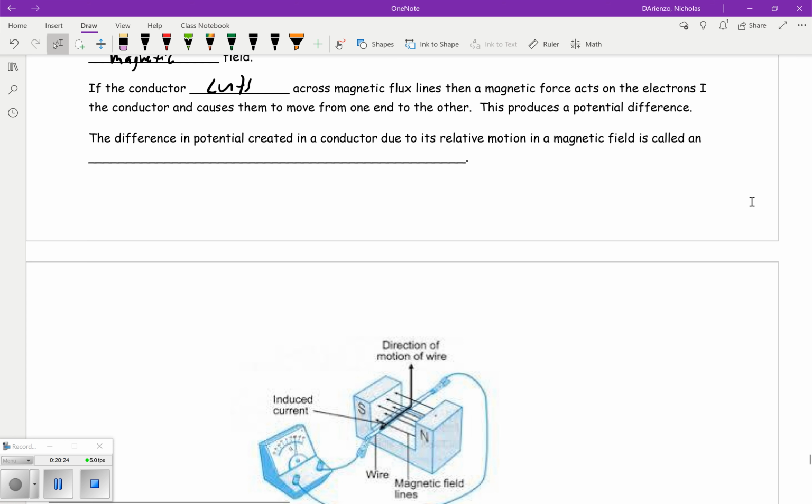The difference in potential created in the conductor due to its relative motion in the magnetic field, that's what we call an induced potential difference. It wasn't there, but we kind of created it or induced it into occurring.